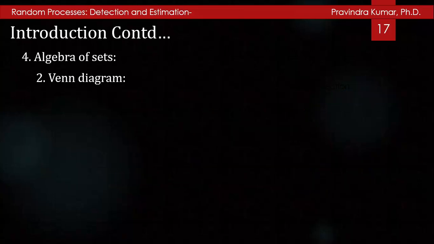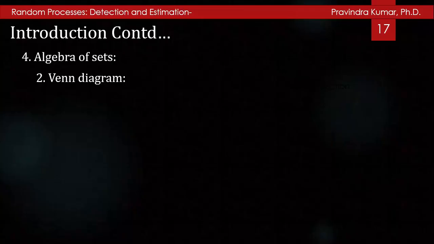Now the second point in the algebra of sets is the Venn diagram. The Venn diagram is a graphical representation of the set operations like equality of events, complement of an event, union of events, intersection of events, null events and disjoint events, which we have discussed in the previous slides.